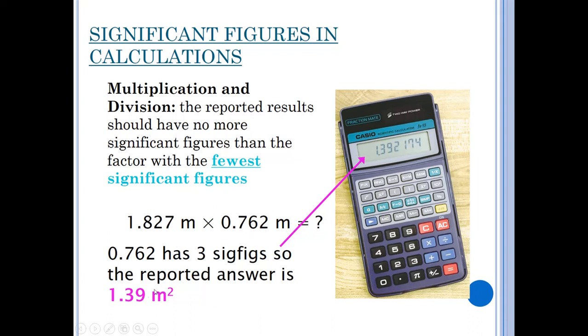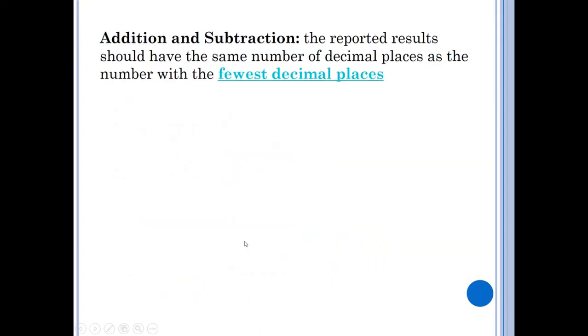So the answer should follow 3 significant figures. For the smallest, the fewest, we call the fewest significant figures. Here is 4, here is 3. So the answer should follow the fewest one.